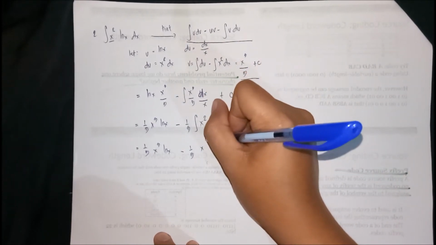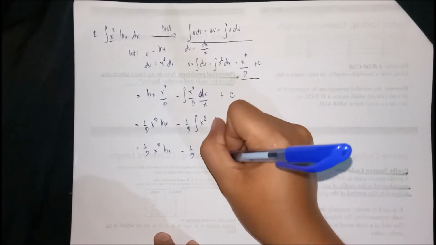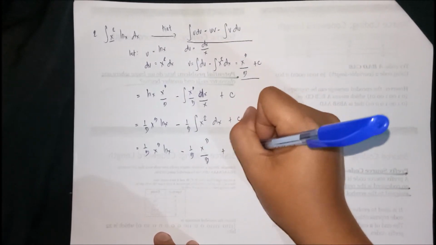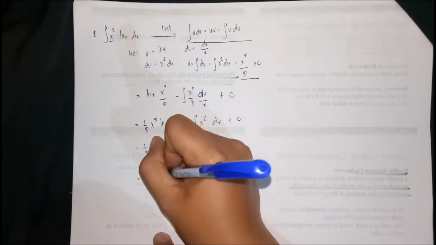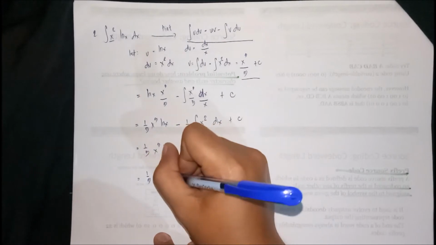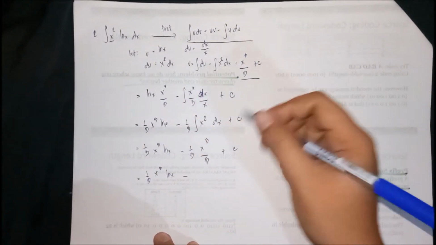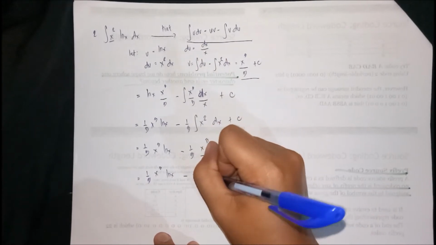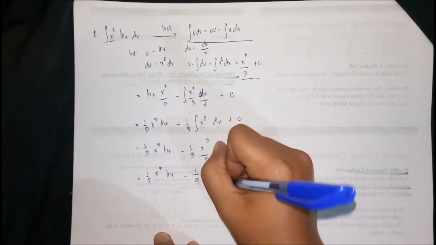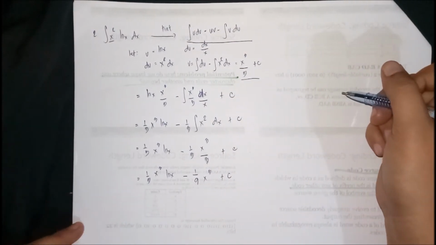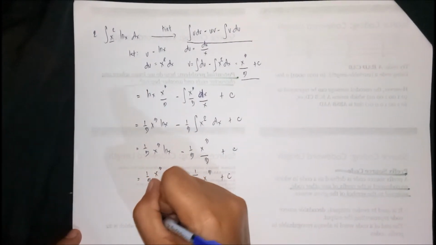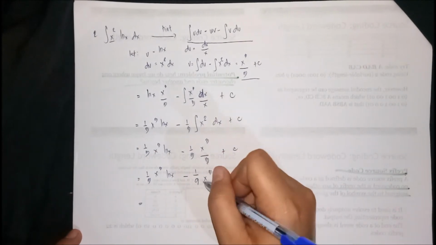And yung exponent natin, power formula, this becomes x cubed over 3 plus c. Simplifying it further, I would have 1/3 x cubed ln x minus, this becomes 1 over 9 x cubed plus c. Okay? So, I could have this as my answer, but I could still simplify it. Factor ko lang class, pwede kong i-factor ito.